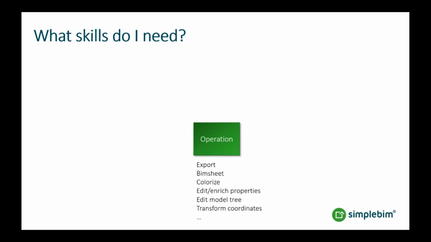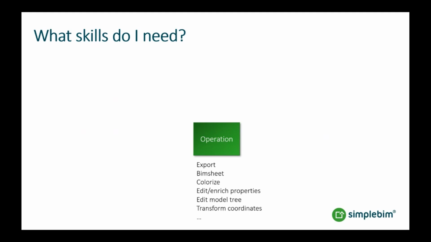So, for example, exporting IFC or exporting Excel, how to do that. BIM-sheet is an integration of the model and Excel. Then, if you need to colorize objects, you could edit property values, you could get data from external sources and insert that data into the model.